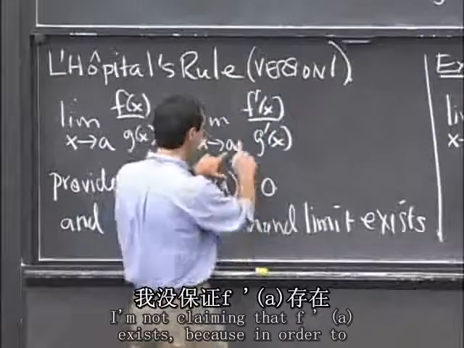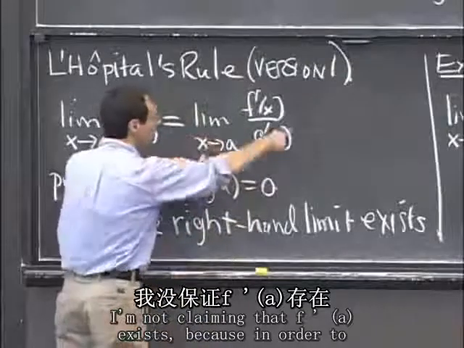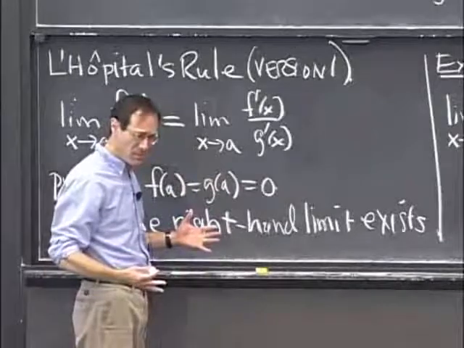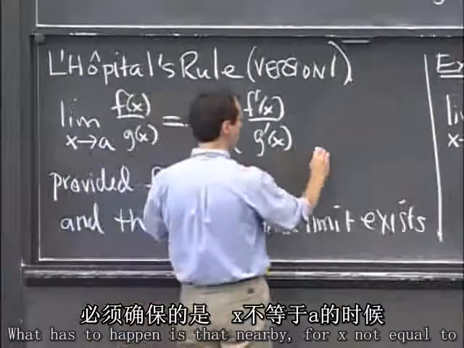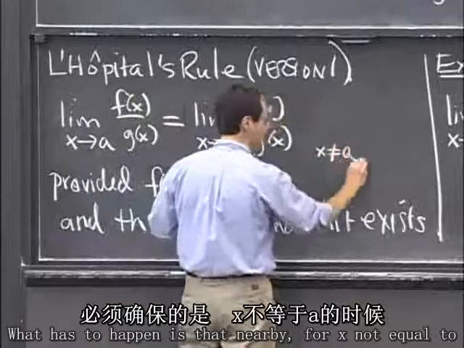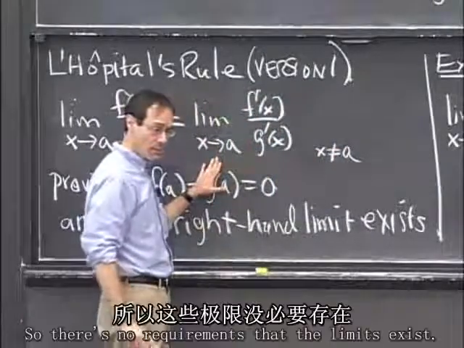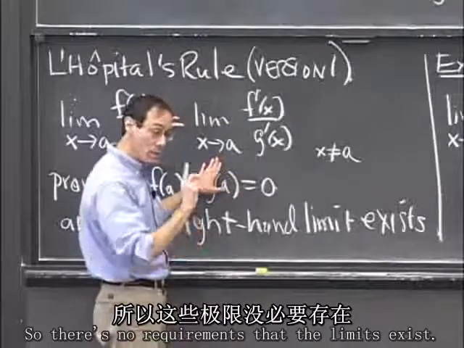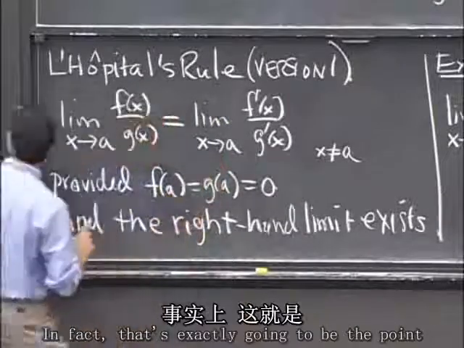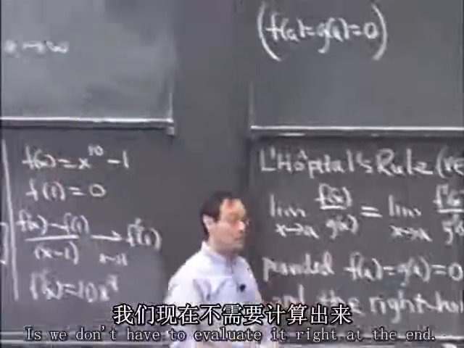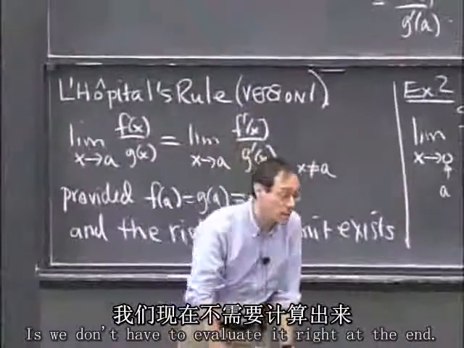I'm not claiming that f prime of a exists, because in order to evaluate this limit, f prime of a need not exist. What has to happen is that nearby, for x not equal to a, these things exist, and then the limit has to exist. So there's no requirement that the limits exist. In fact, that's exactly going to be the point when we evaluate these limits here, is we don't have to evaluate it right at the end.